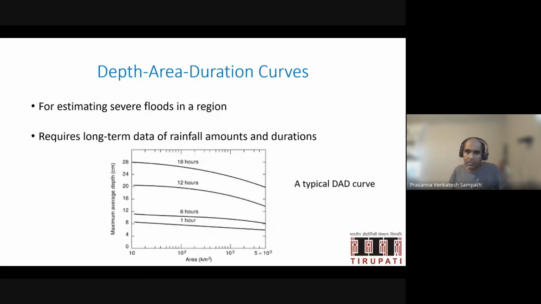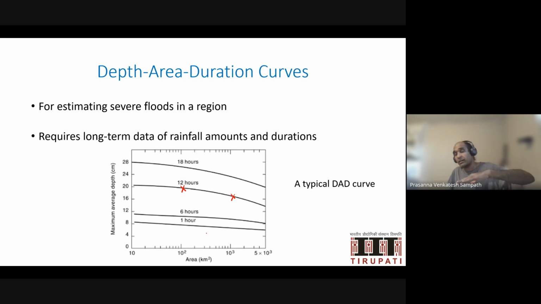So for example, let us just take our duration curve. There you go. So this is 100 kilometer square. This is 1000 kilometer square. Okay, approximately I've marked those 2 points. For an area of 100 kilometers square, for a duration of 12 hours, the maximum average depth is close to 20 centimeters of rainfall.